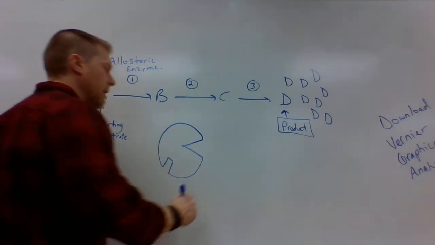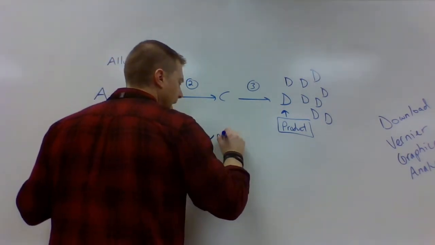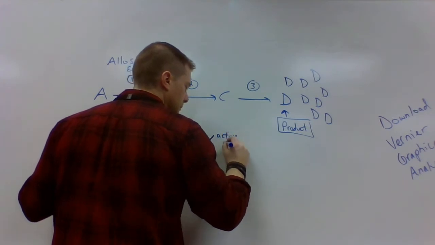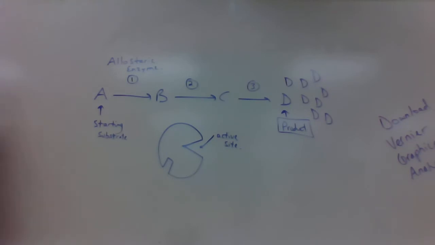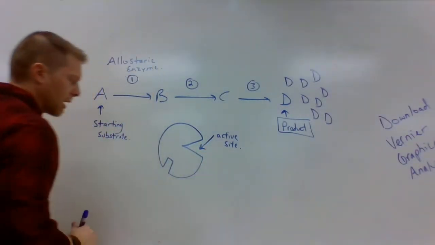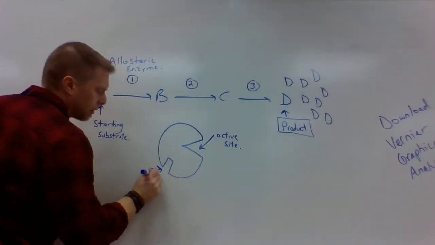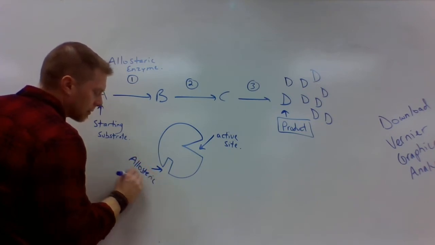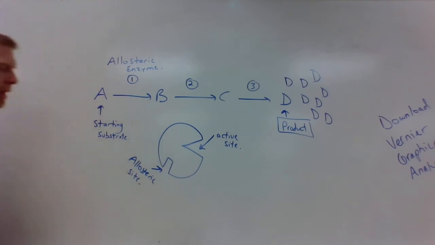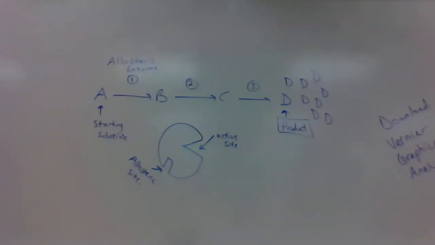So this right here is your active site. That is the site that the substrate is going to bind to. This right here is your allosteric site, meaning that is the site that's going to be used to turn the enzyme on or to turn the enzyme off.